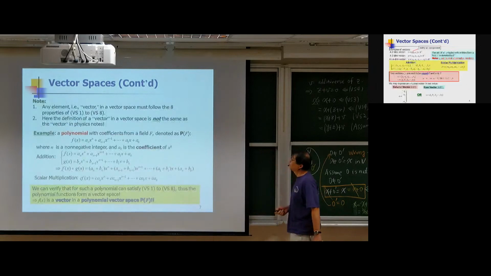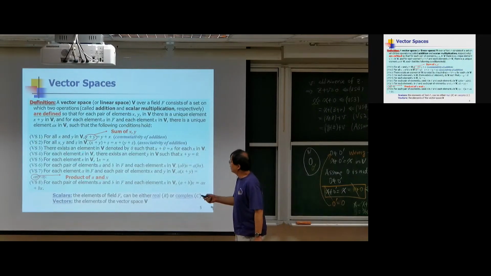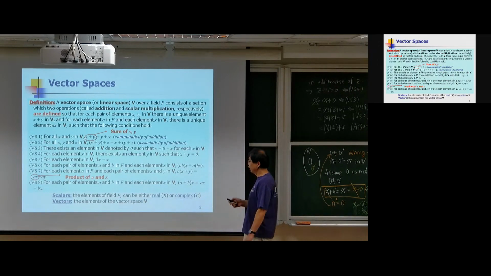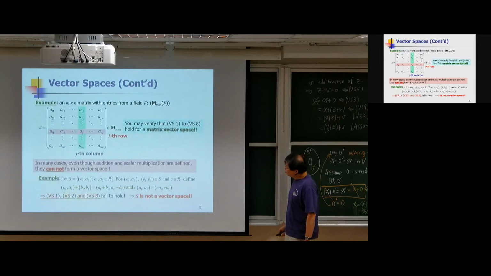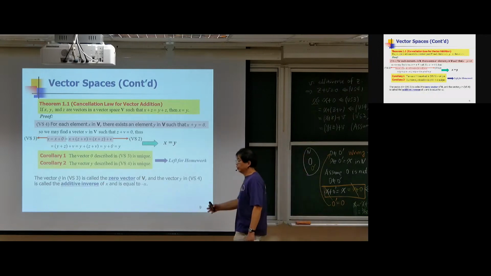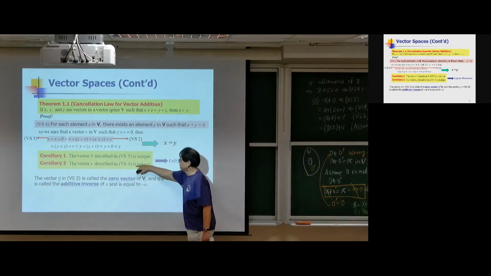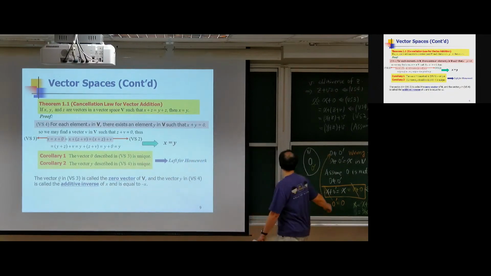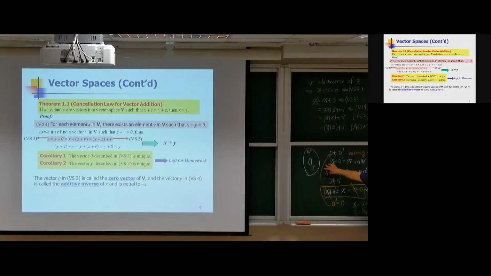Why is VS4? VS4 is that we have the additive inverse, and right now we will need to prove that additive inverse is unique. So here I'm not going to prove it because I will just leave it for your homework, for your self-study. And actually, whenever you see the proof request to prove uniqueness, use the contradictory approach.